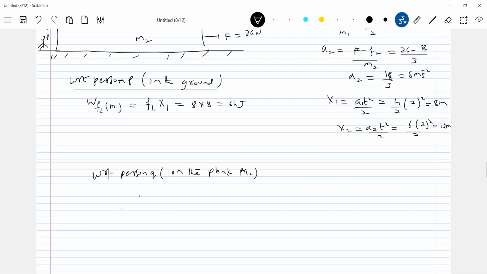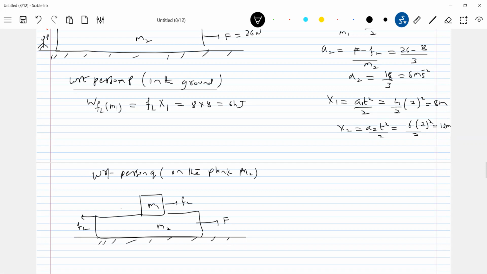Then how to do the problem for this? We don't know in what direction the block will move with respect to the plank. Am I right? So first we should have clarity about that.